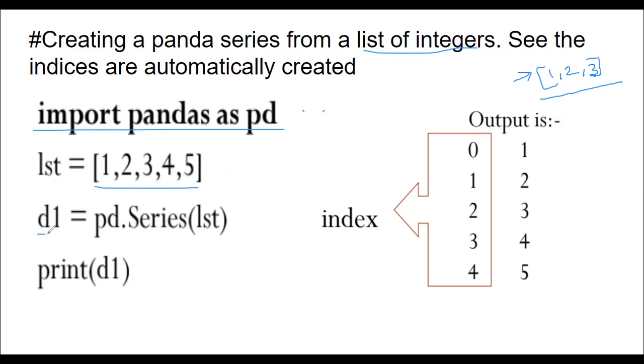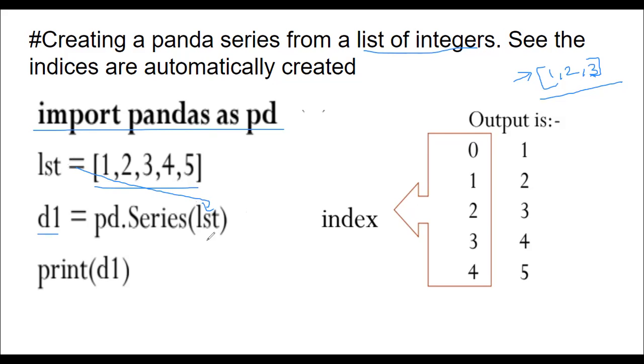Now d1 is equal to pd.Series. Now I want the values, that is the data. The data I have already stored in one variable, which I am passing inside as the argument, inside the parenthesis. Where I stored my list of values, the variable LST, that I am calling here.